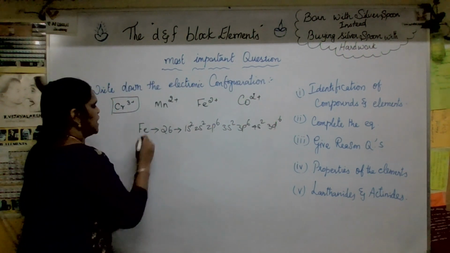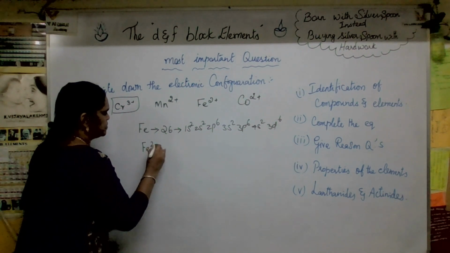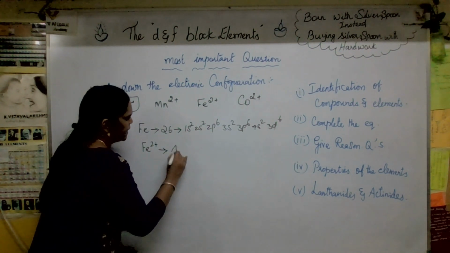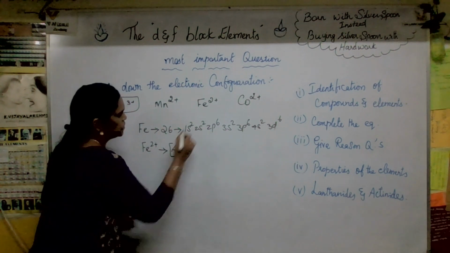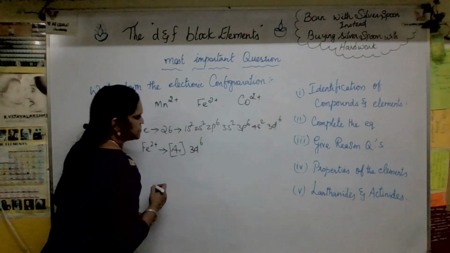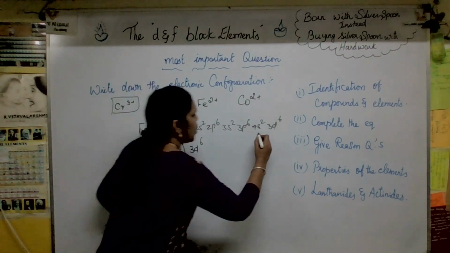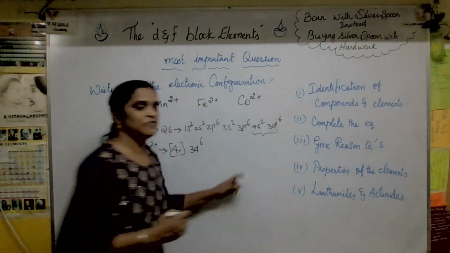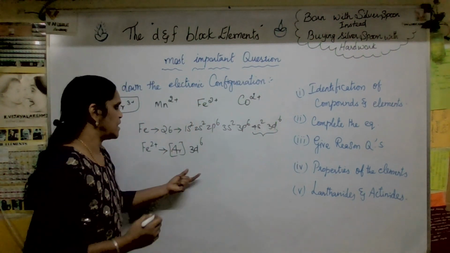Now the Fe2+ ion. So how will you write it here? Ar, 3d6. From the outermost orbital, you have to lose 2 electrons. I hope you got it.